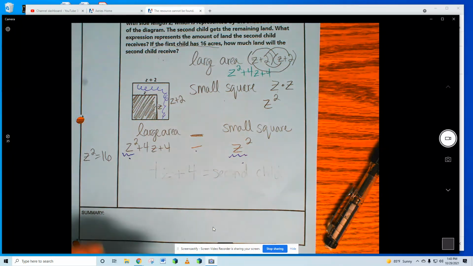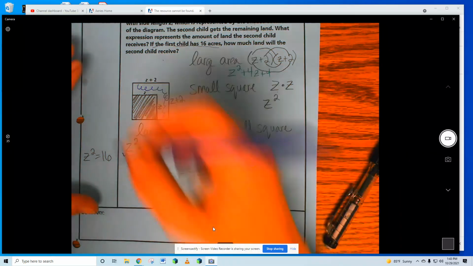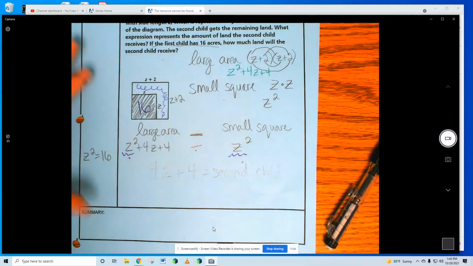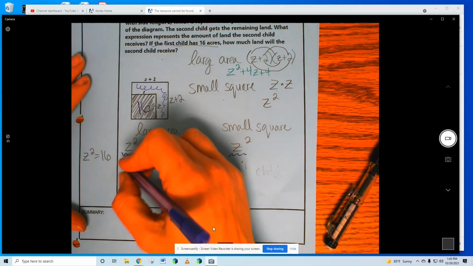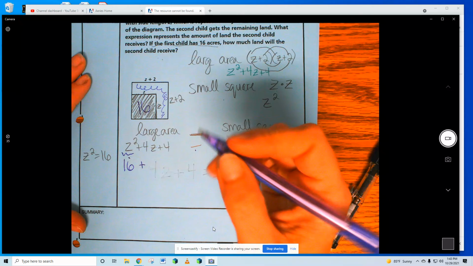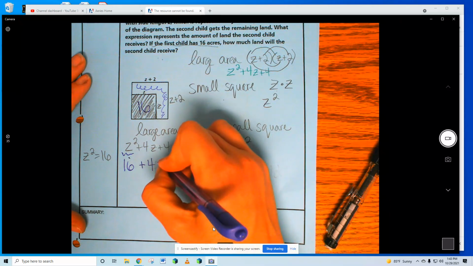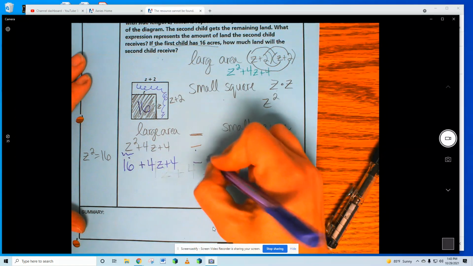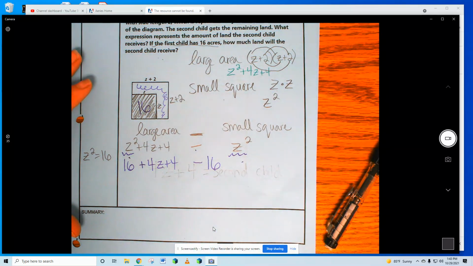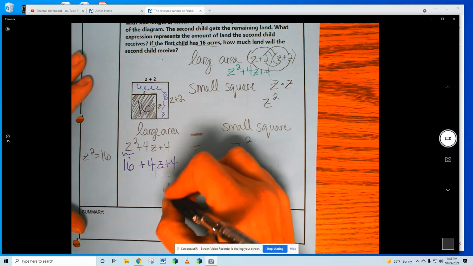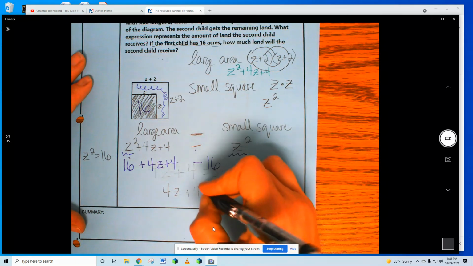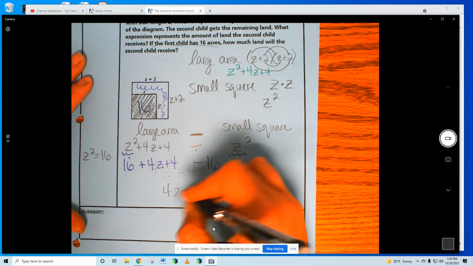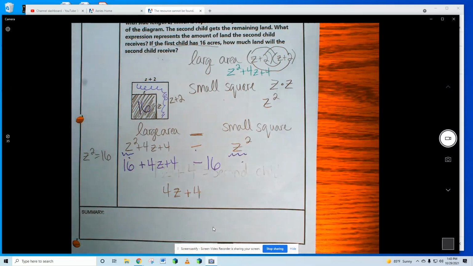If Z squared equals 16, the first kid has 16 right here. 16 plus 4Z plus 4 minus 16. Still is going to get me 4Z plus 4, but at least we are good. So we erase that, and write it again because I plugged in 16 for Z squared.